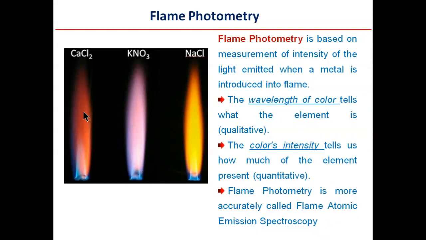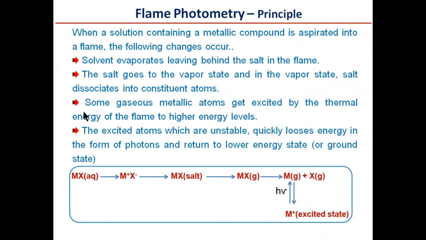The very basis of flame photometry is the intensity of the light which is emitted when a metal is introduced into the flame. For example, if sodium chloride is introduced into the flame, or if you spill this salt into the flame, it imparts golden yellow color just because of the presence of sodium atom in the salt. Well, we will see the principle.